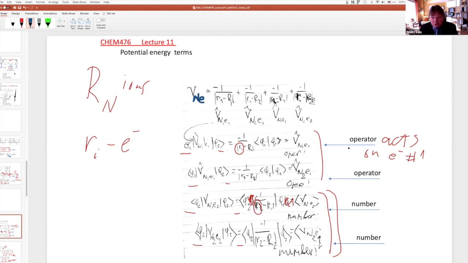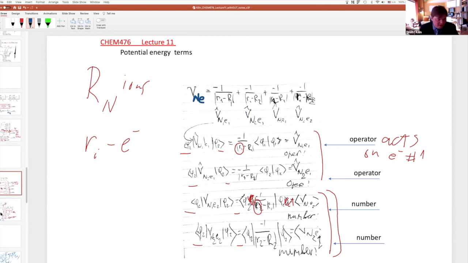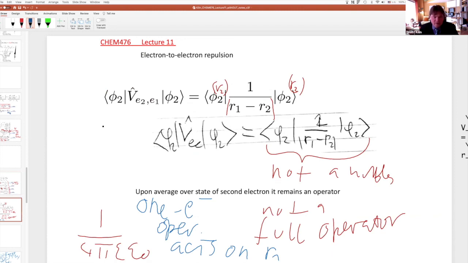There will be a total of 4 terms if you have 2 ions and 2 electrons, and 2 of them will become operators, 2 of them will become numbers. And the last term, the electron-electron repulsion, is the most complicated and most important. Instead of having 2 bras and 2 kets on left and right, you'll have only 1 bra and ket. So we'll average over the position of electron 2, but it still will be an operator with respect to electron 1.